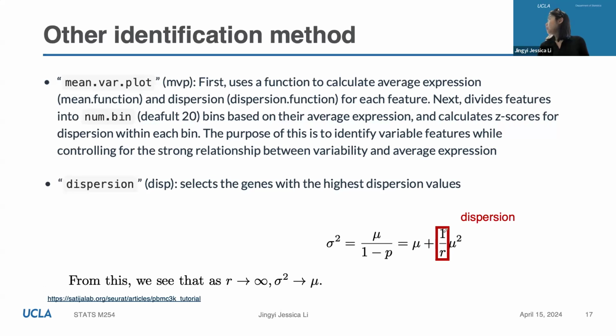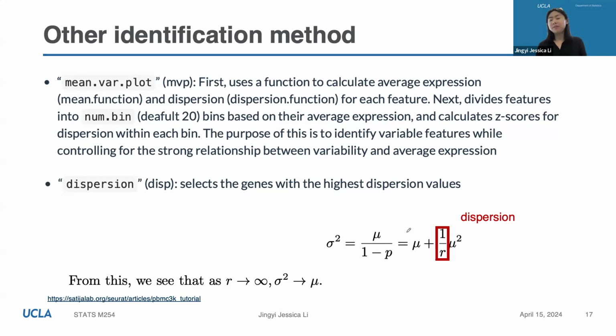And in this second term, this 1 over r, I don't know if you remember, but this r is from the original formulation of the negative binomial. It's the number of failures before you have the first success, right? That's the r. So 1 over r is defined to be the dispersion parameter. Once the dispersion goes down to 0, the negative binomial degenerates to Poisson, right?